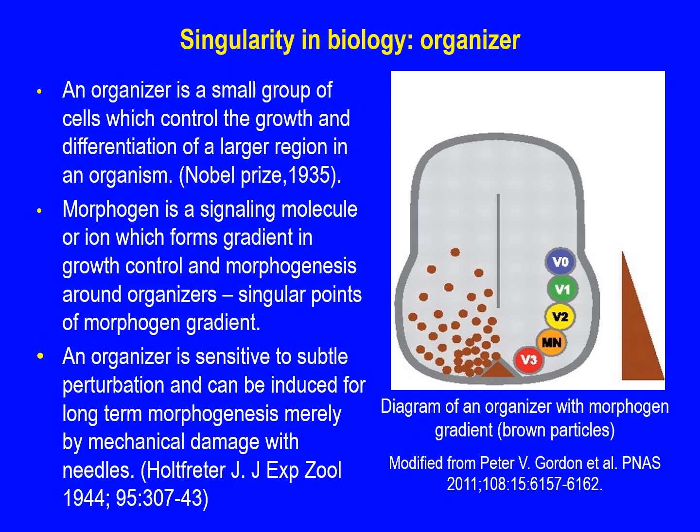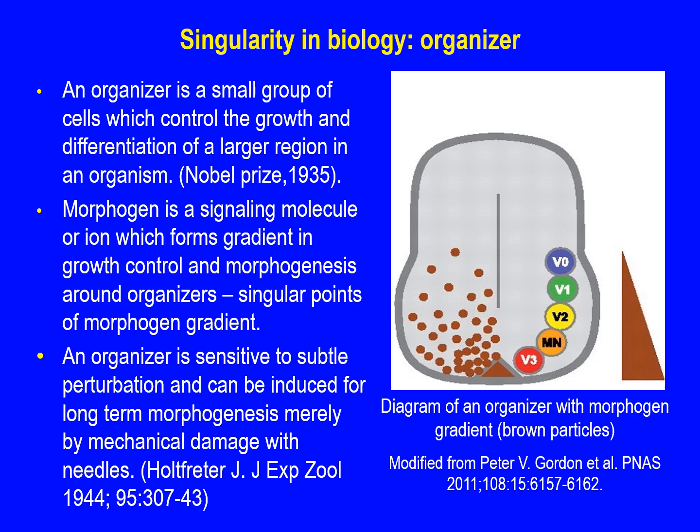So here is a diagram of an organizer. As I mentioned earlier, an organizer is a small group of cells which control the growth and differentiation of a larger region in morphogenesis. This was first discovered by Hans Spemann, for which he received the first Nobel Prize in the field of developmental biology in 1935.